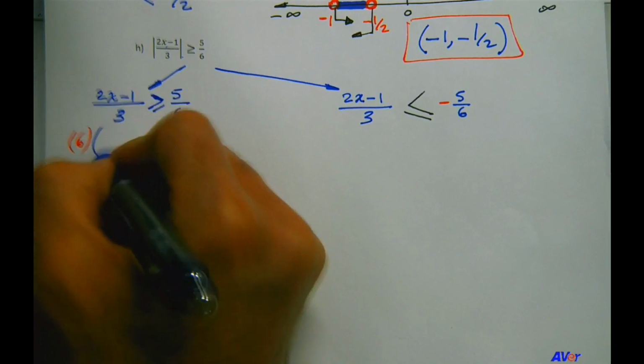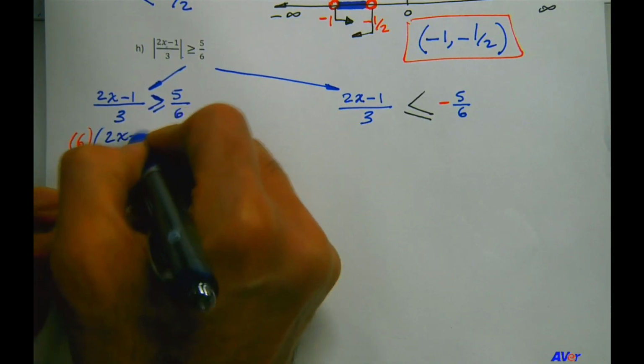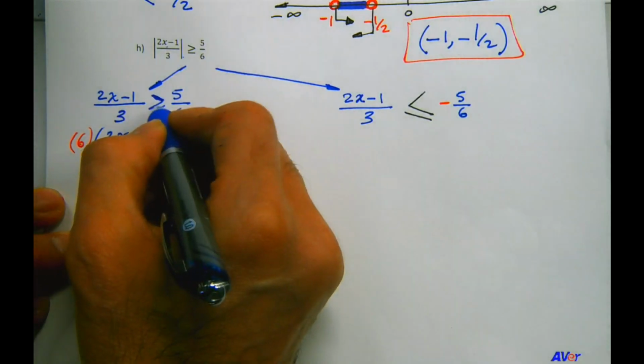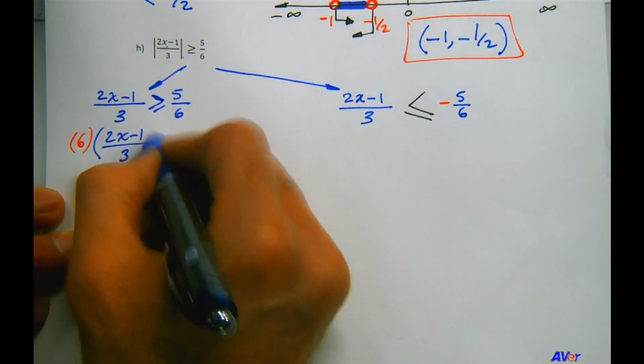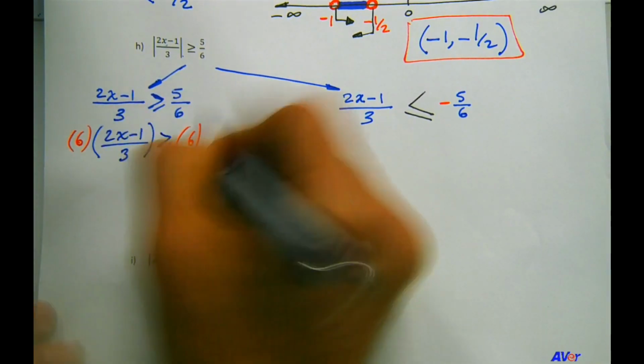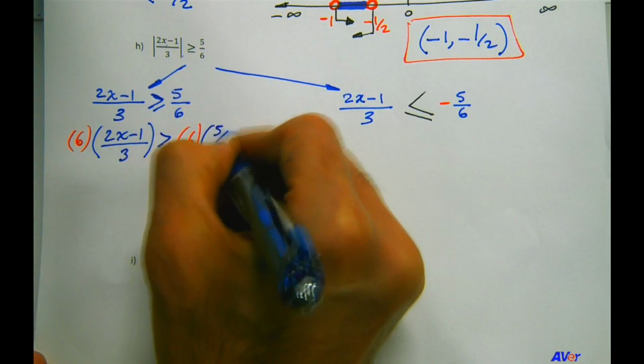So 6 multiplied by 2x minus 1, and it's a positive number, so the direction of the inequality is preserved, greater than or equal to 6 times 5/6, right?